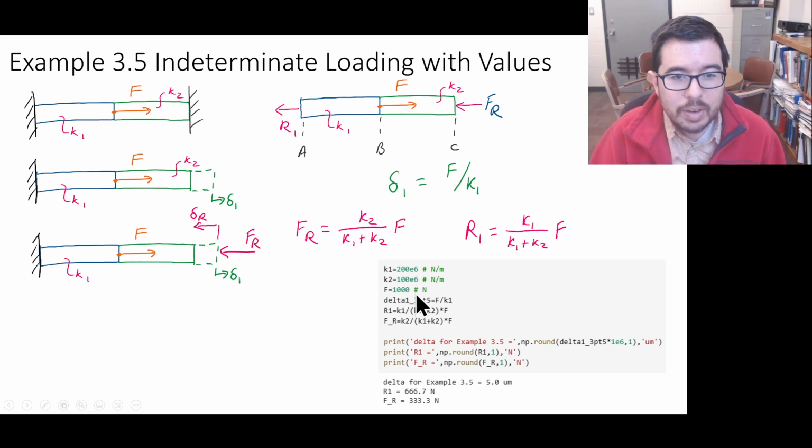How interesting, right? Double the stiffness, 2/3 of the force. Half the stiffness, 1/3 of the force.